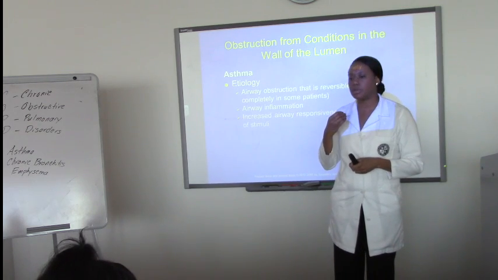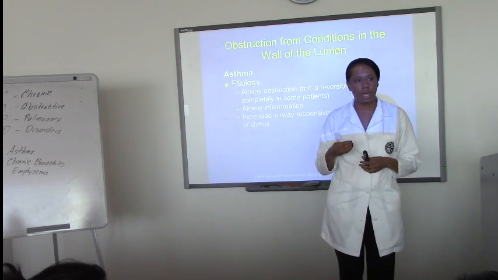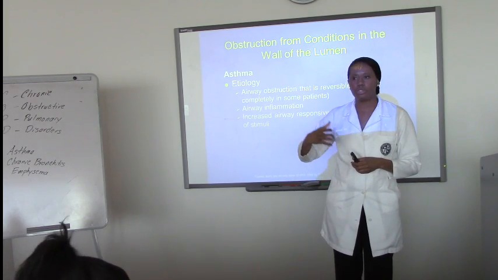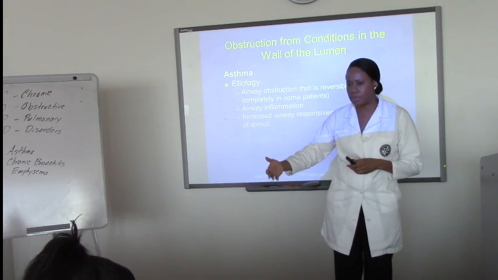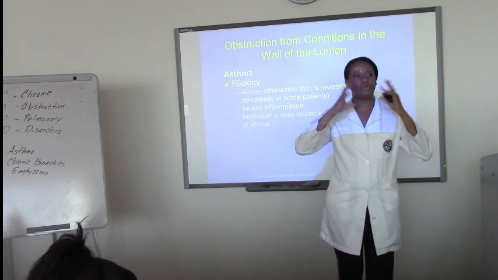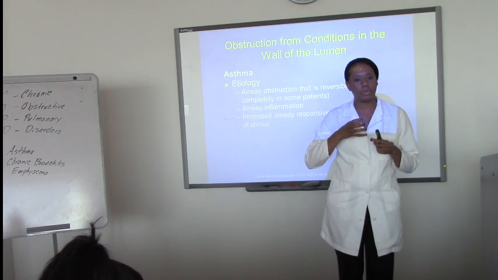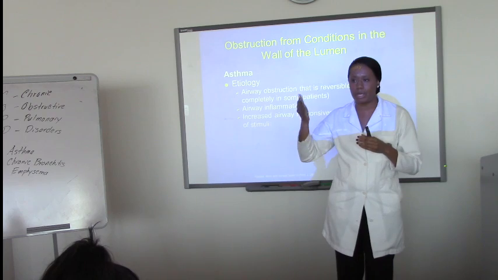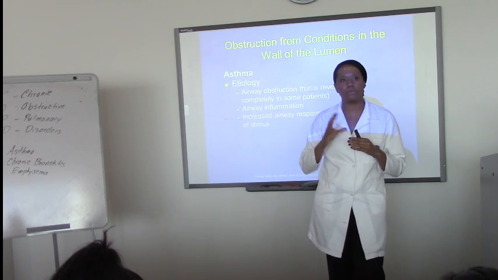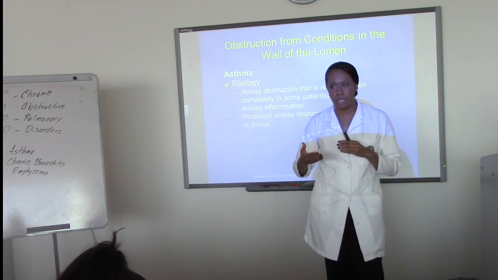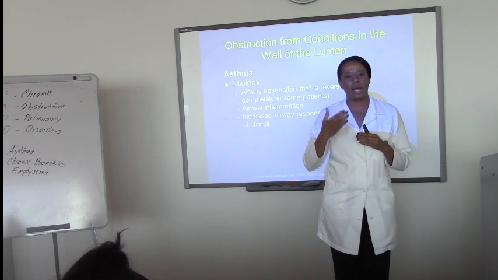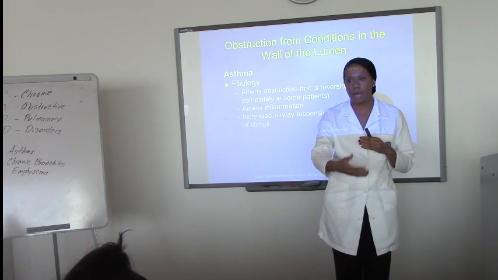So what happens here is that when these individuals do have an allergic reaction to that particular allergen, whatever it may be, it will cause a bunch of immune cells and everything to get pretty much exacerbated. I use the term exacerbated, but what it really is, it's a hypersensitivity. So these individuals have a hypersensitivity to a particular allergen.